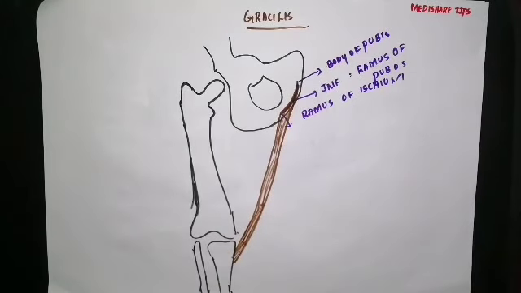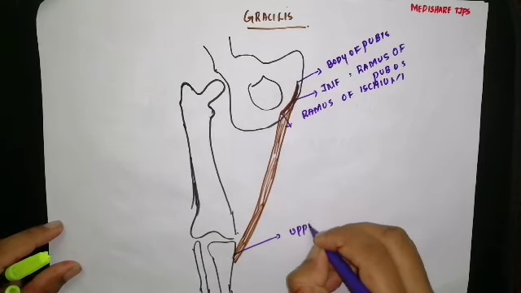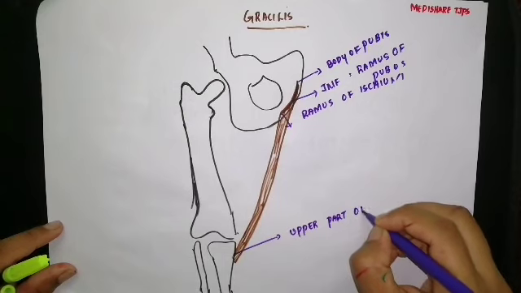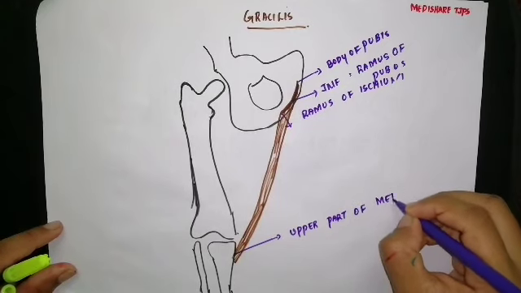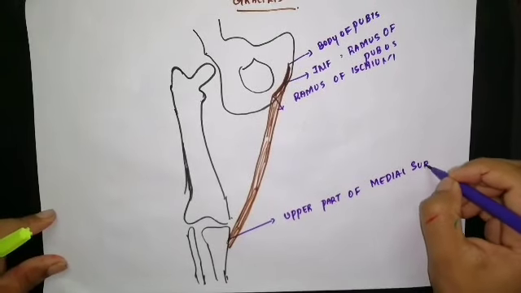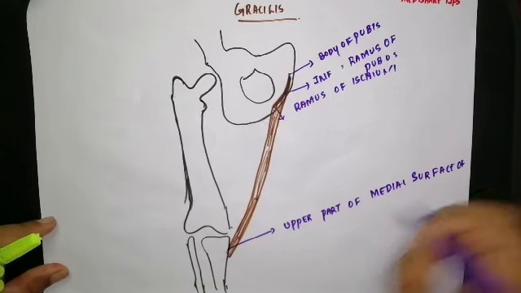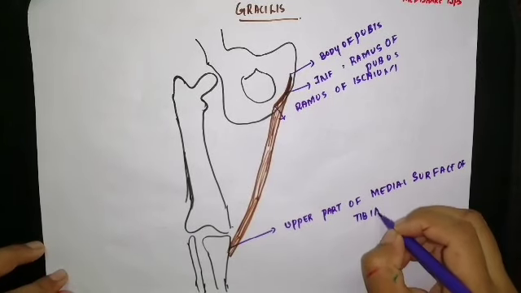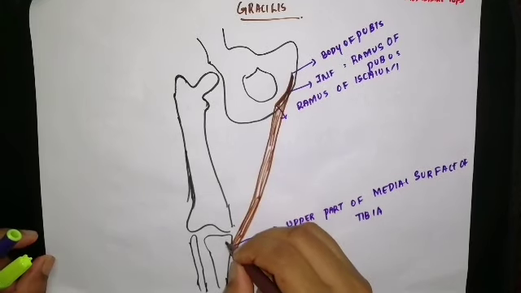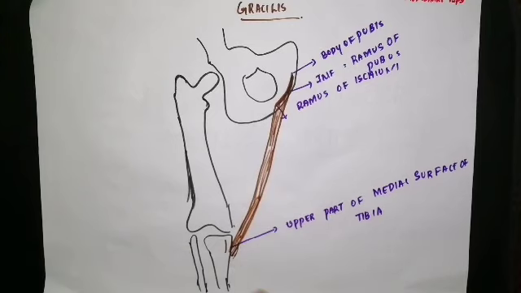This is the muscle. The insertion is just behind the sartorius, and in front of the semitendinosus muscle.